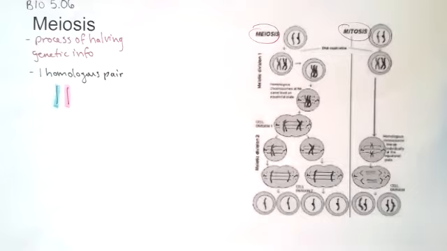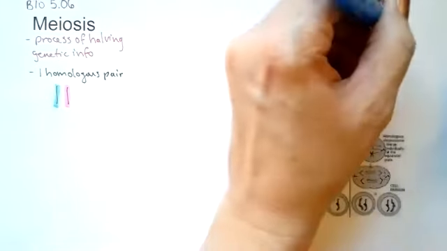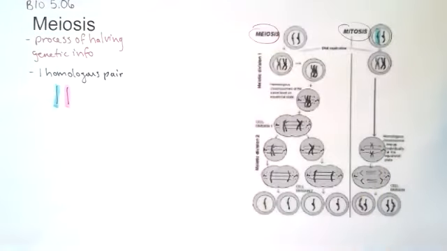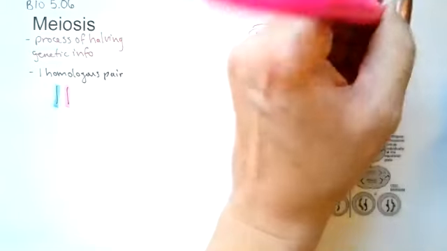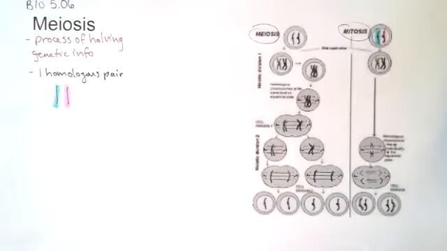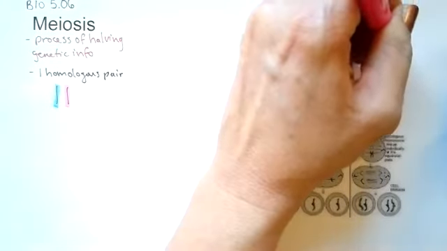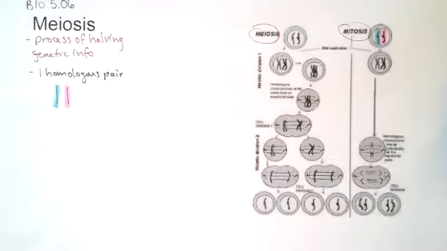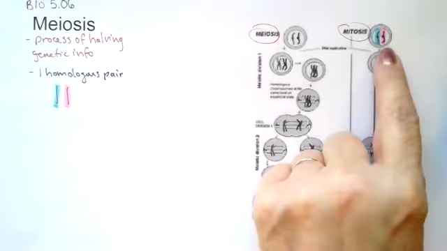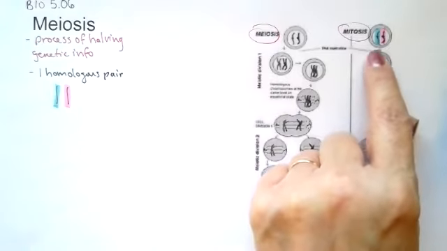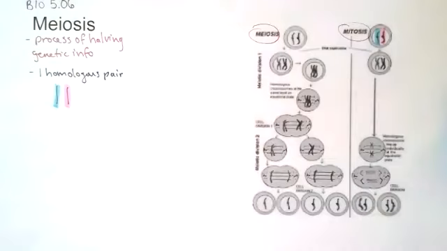At each point, I'm going to be asking you how many chromosomes and how many chromatids. So let's start off with mitosis. Here we go. I've got my blue one and my pink one. This is going to be interphase, because I actually wouldn't see the chromosomes, but here we go.